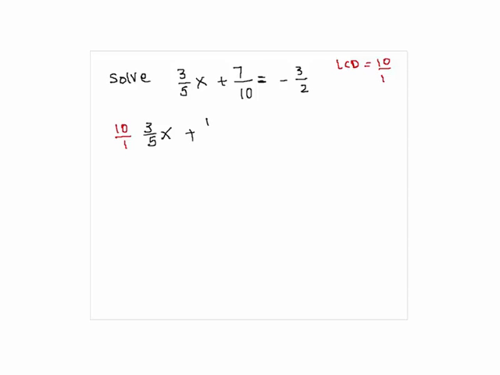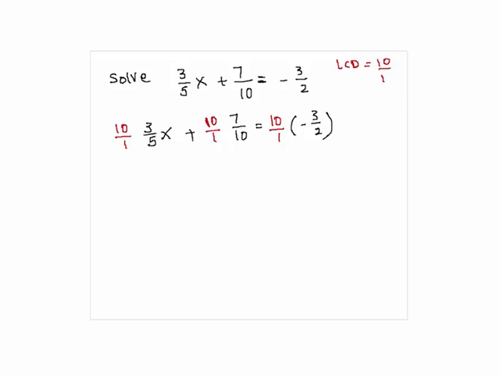If I go down and multiply each term by the LCD, which is 10 over 1, I want everybody to reduce this and tell me what equation you get next. Everybody type the equation that you get after reducing this.